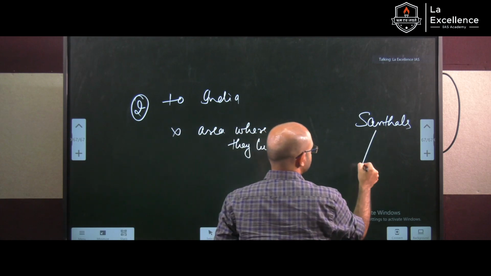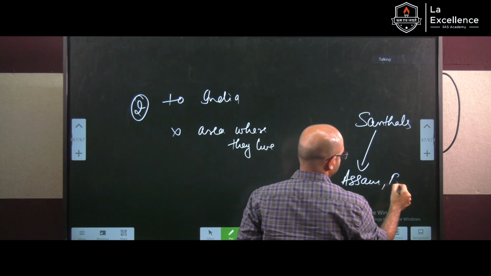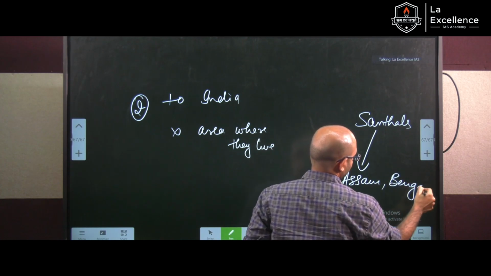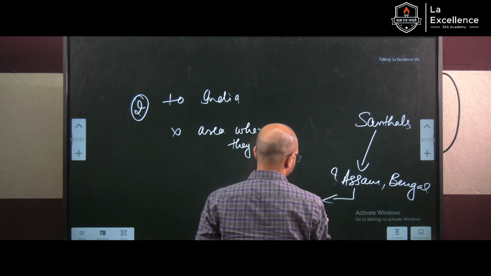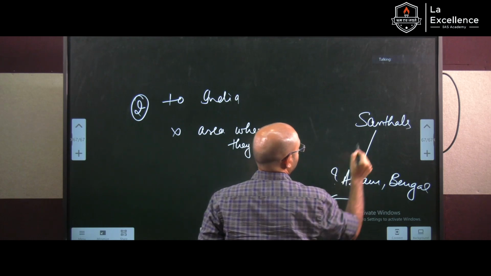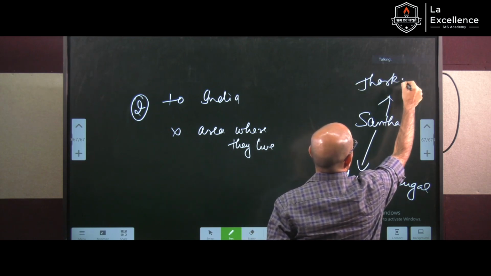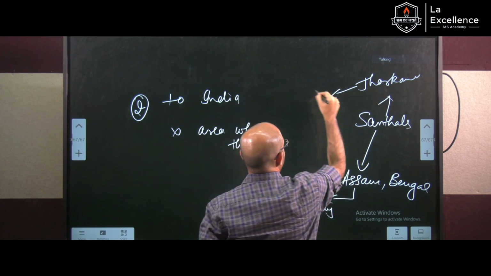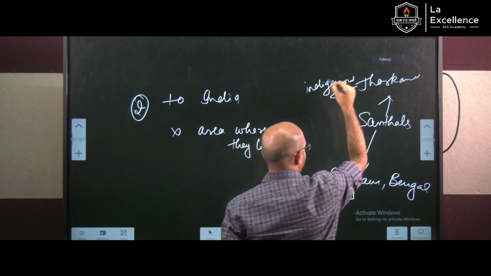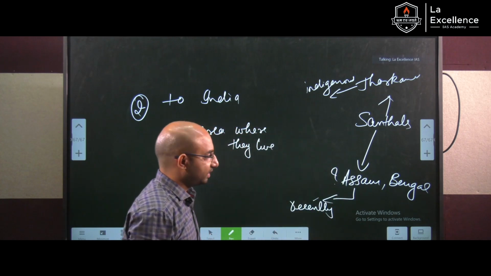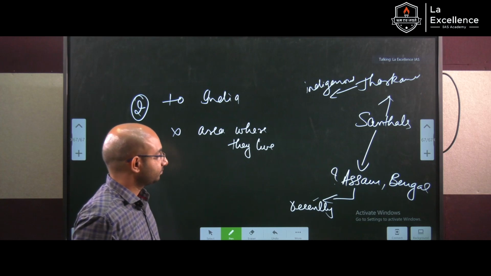But if you take Santals in Assam or Santals in Bengal, then they have gone there only recently. But Santals in Jharkhand, here they are indigenous. But in Assam, they have been taken there as workers only in the last 200 years. So that is another problem.